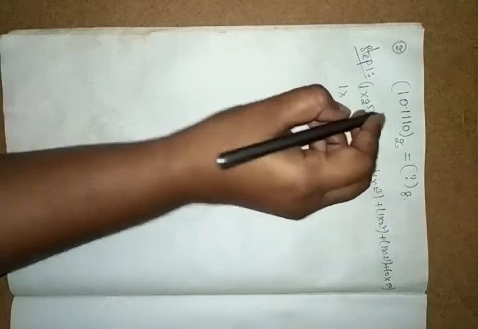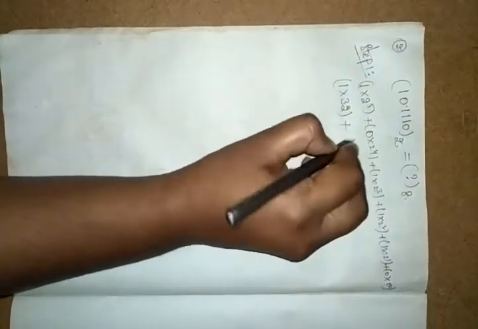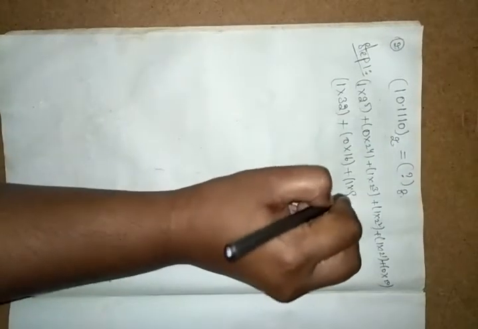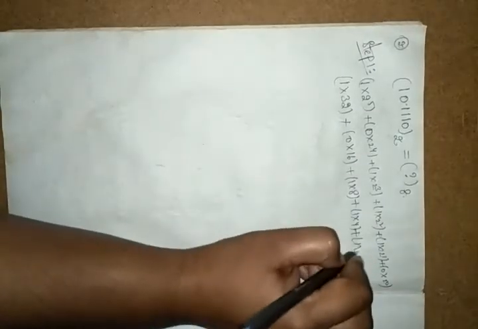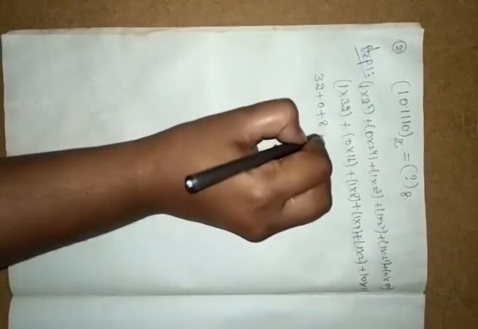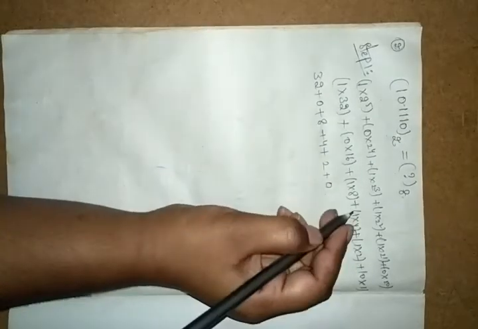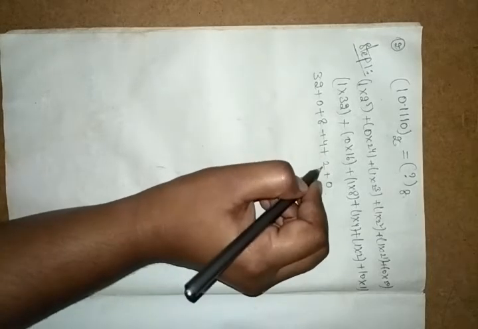2 power 5 means 32, 16, 8, 4, 2, 1. So 32 plus 0 plus 8 plus 4 plus 2 plus 0. 32 plus 8 is 40, 44, 46.